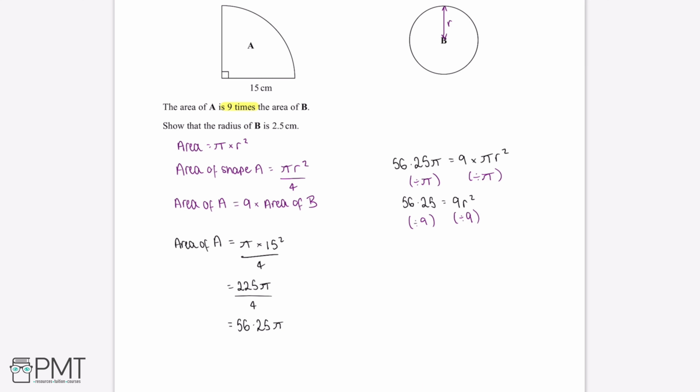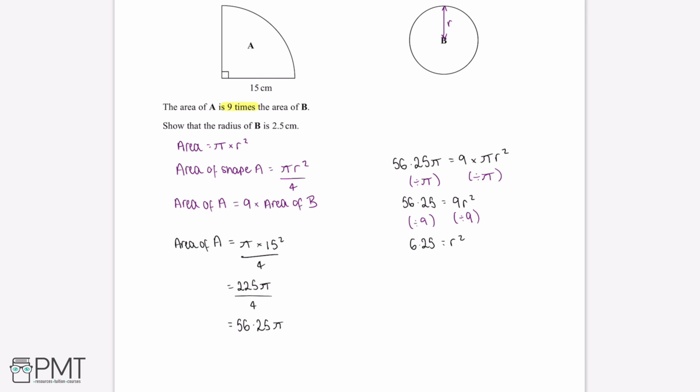And this will leave us with the numerical terms on one side of the equation and the r squared on the other side of the equation. So 56.25 divided by 9 gives us 6.25. And then 9r squared divided by 9 will just give us r squared.